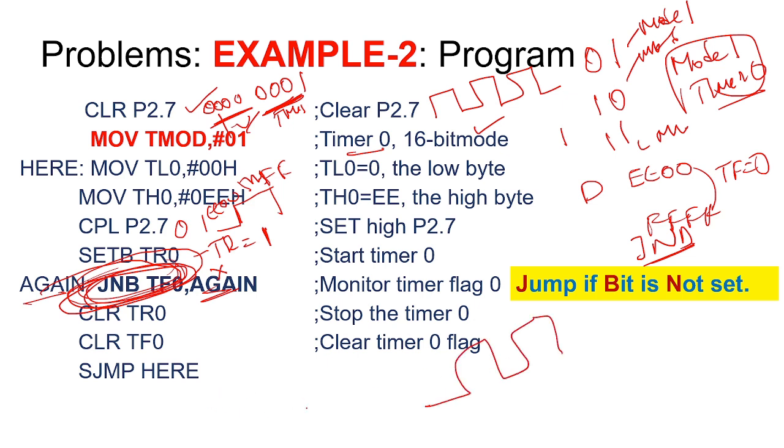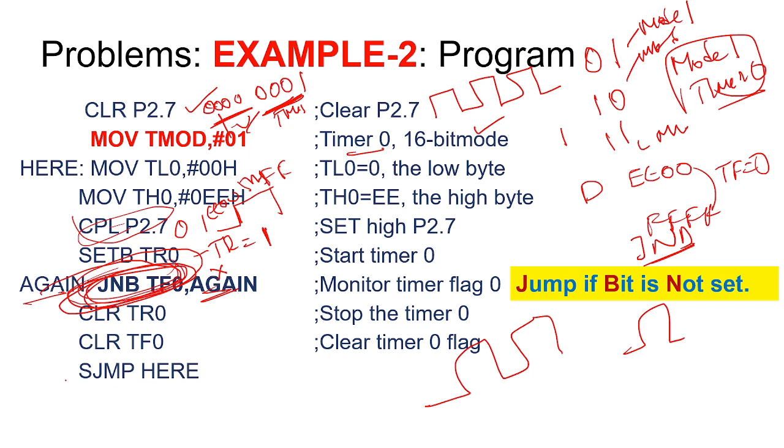Here I want to generate only a pulse width of 5 milliseconds. So that's why I have taken the complement before starting the timer itself. Then you generate the pulse width of 5 milliseconds. Then after roll over, it comes out, clearing the TR and TF.